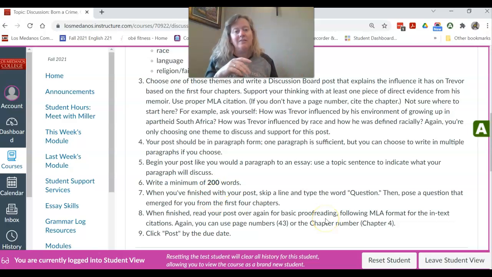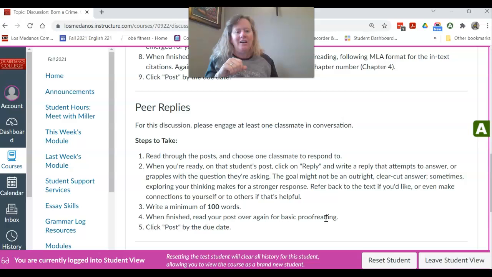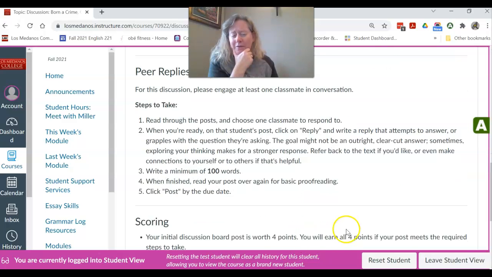And then, not surprisingly, your peers are going to reply to your question. So when you're posting your reply, you can skim through what people were asking, choose someone you want to respond to, and respond to that person's question. The goal here isn't necessarily to find answers. The goal is to have a conversation about the book and about some of these themes that were coming up for you.